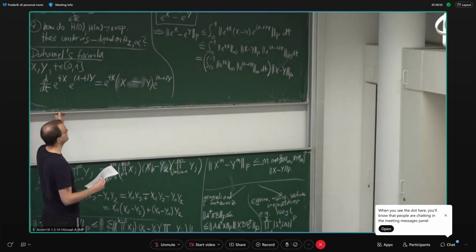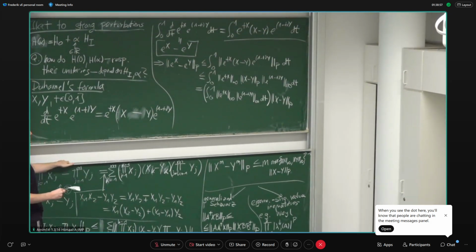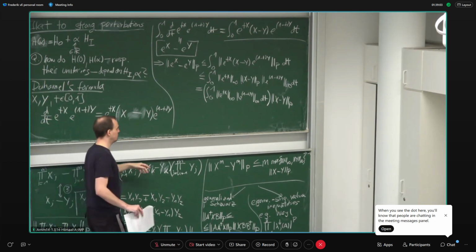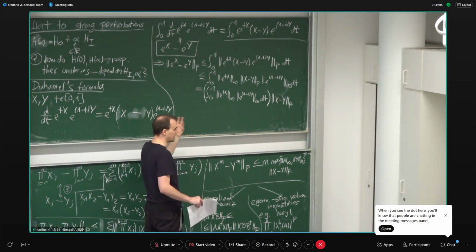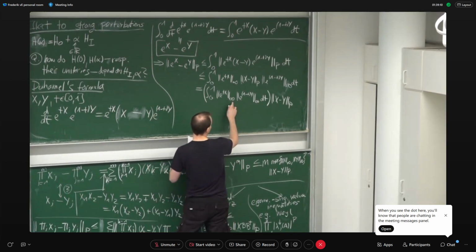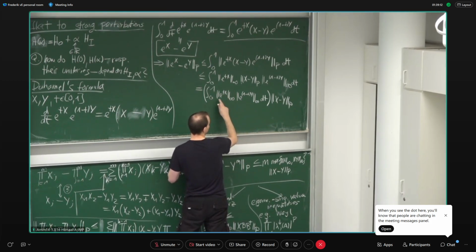In our case, we just substitute for x i times h0, for y i times h alpha. Then these are unitary. This expression is 1, and we have an integral over the constant function 1.